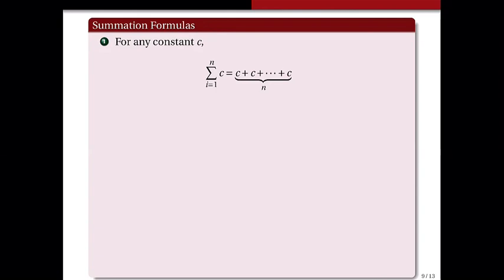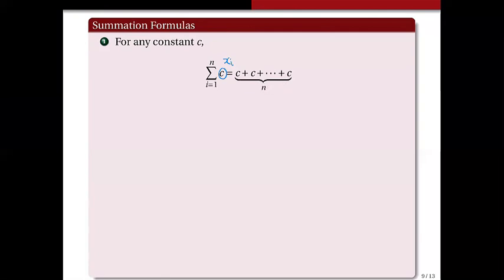Meaning, this is actually your x sub i for all i. So x sub 1 equals c, x sub 2 equals c, x sub 3 is still c, until x sub n equals c. Therefore, you just have c plus c plus c plus c, and you have n of them.